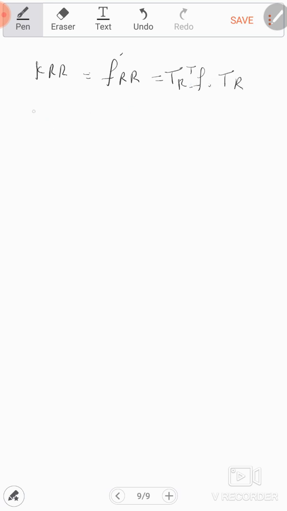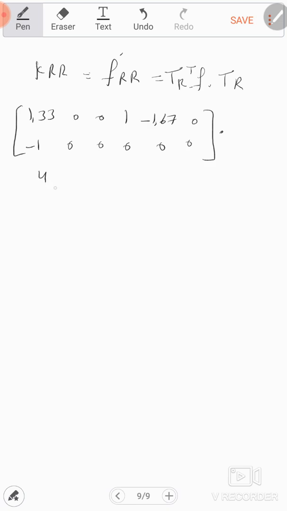So the Tr inverse is 1.33, 0, 0, 1, minus 1.67, 0, 1, 0, 0, 0, times the F values.